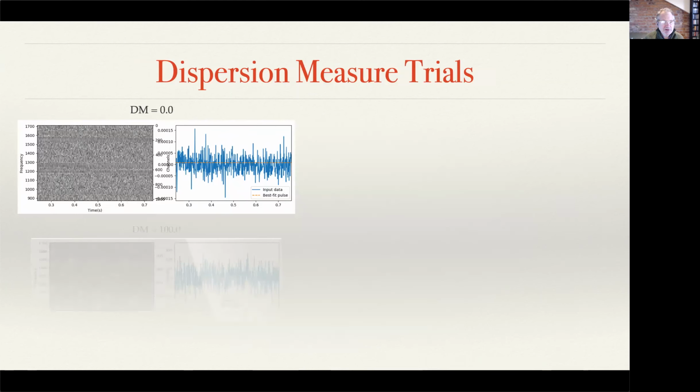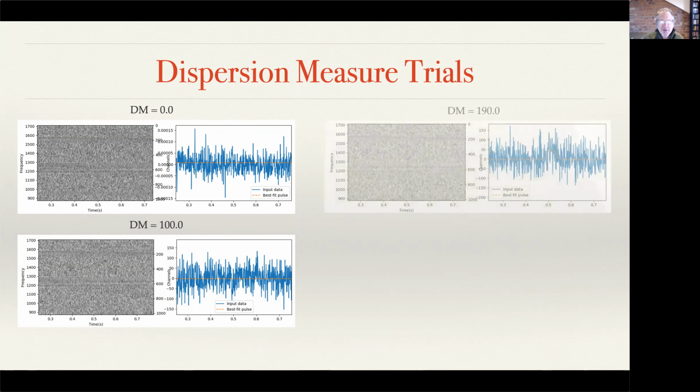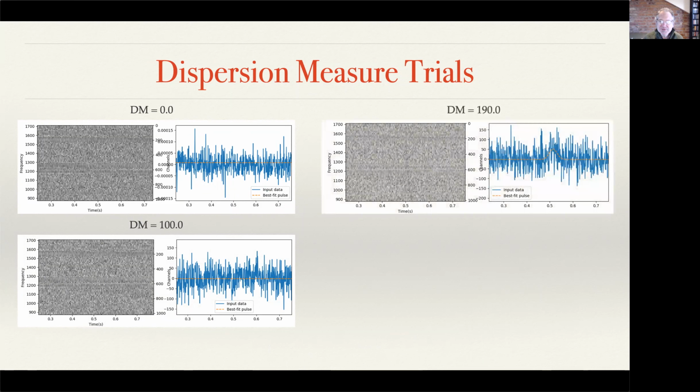Now let's try a dispersion measure of 100. Again, you don't see any evidence for any pulse. And it still basically looks like just noise on the left-hand side here. Okay, so if we try a dispersion measure of 190, we're starting to see something interesting towards the center of the data.